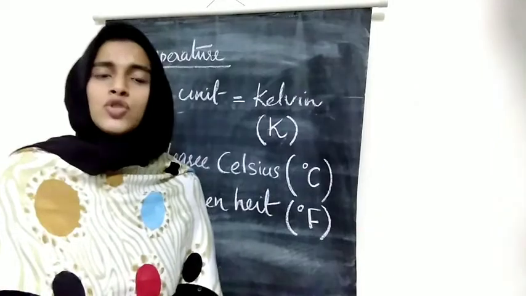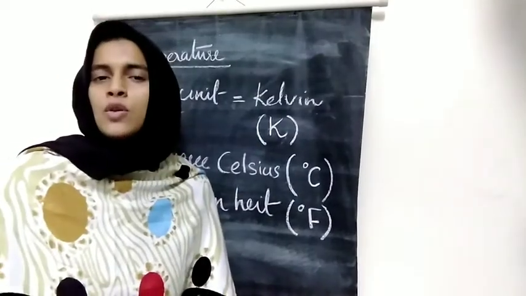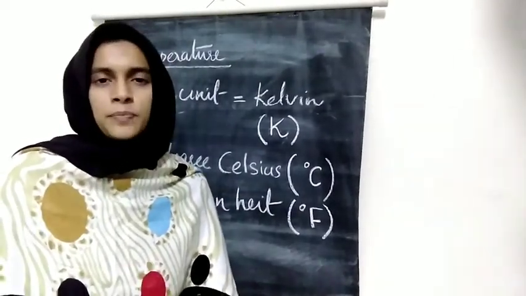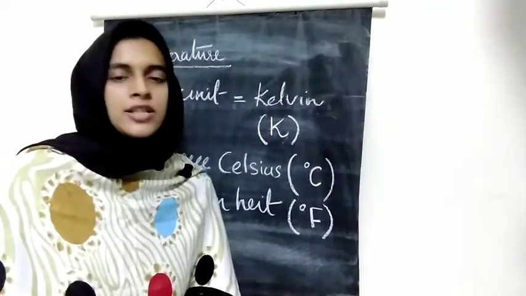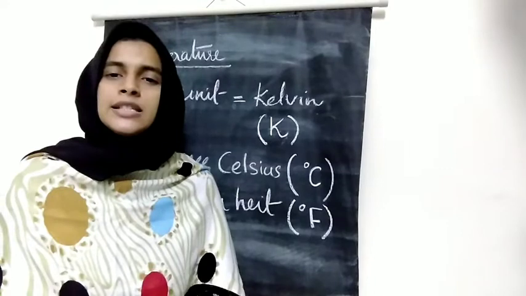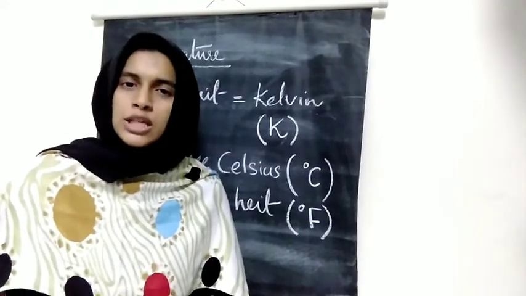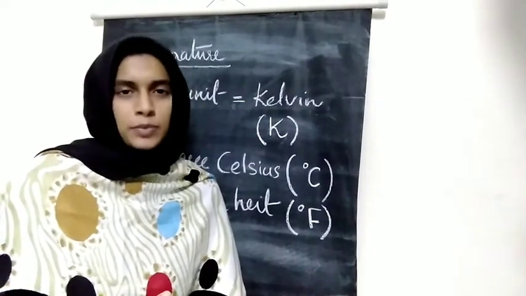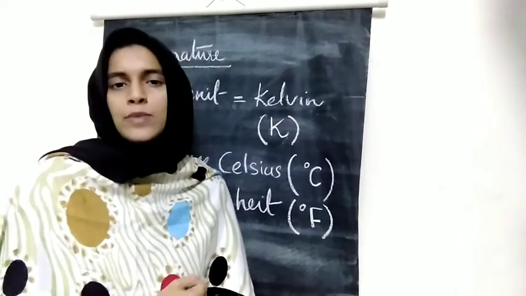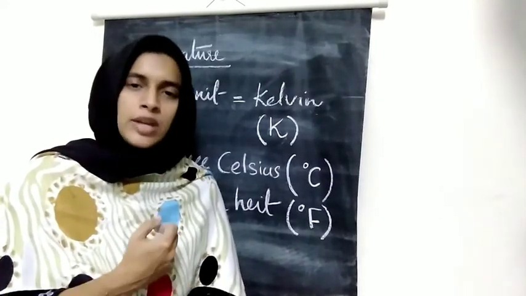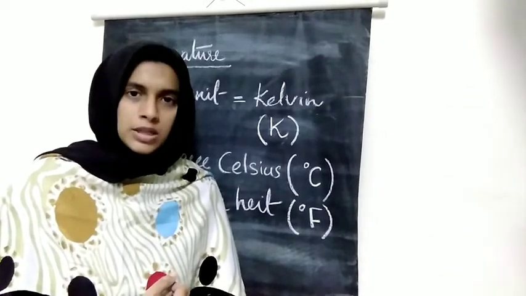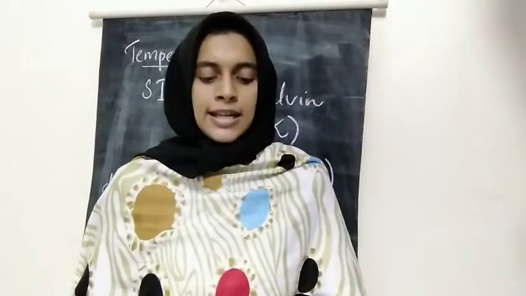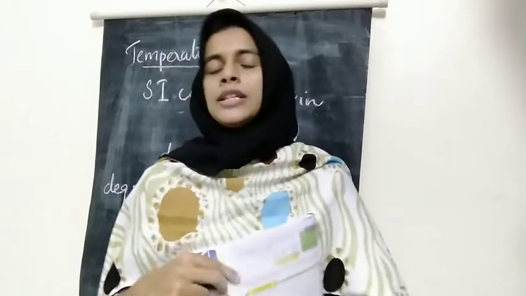Now, the instrument which we are using for measuring temperature is the thermometer. You know that, right? There are different types of thermometers. The first one is the laboratory thermometer.